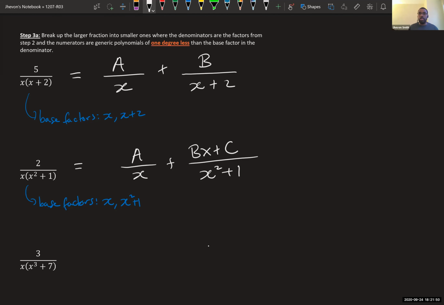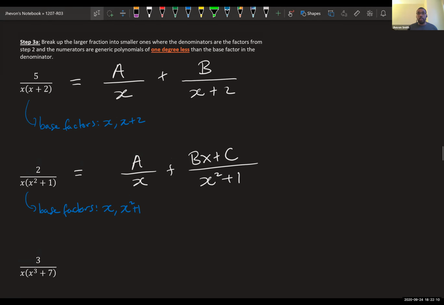That is a general generic first degree polynomial. You have to account for all powers counting down. X is a very specific one. X is the one where b equals 1 and c equals 0. But you could also have 2x plus 5, right? Your b is 2 and your c is 5. So the denominator was a second degree polynomial, which means my numerator needs to be a first degree polynomial.